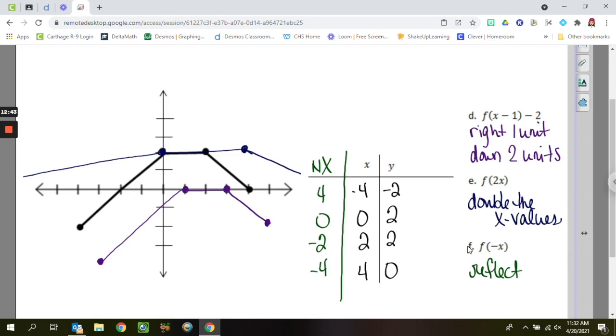So I'm going to graph 4, -2, which is right here. I'm going to graph 0, 2, which doesn't change. I'm going to graph -2, 2.